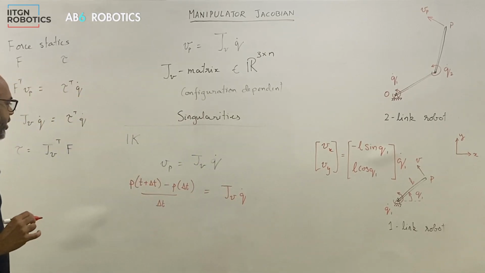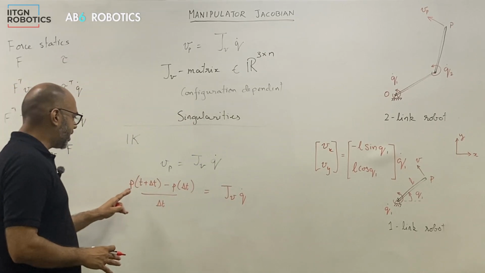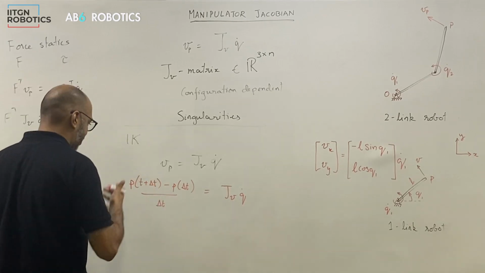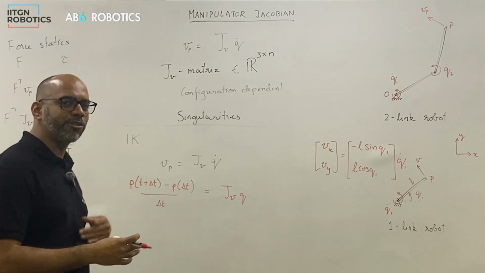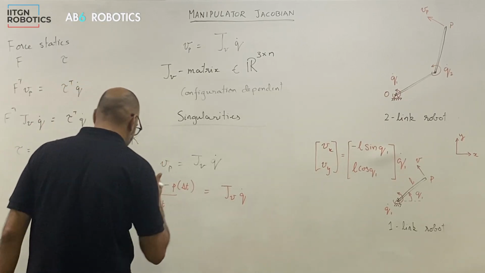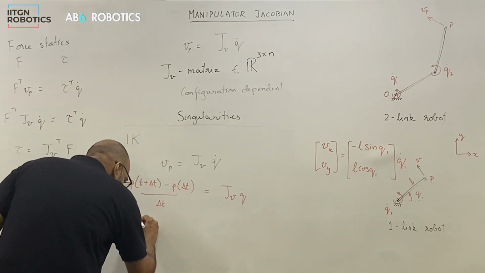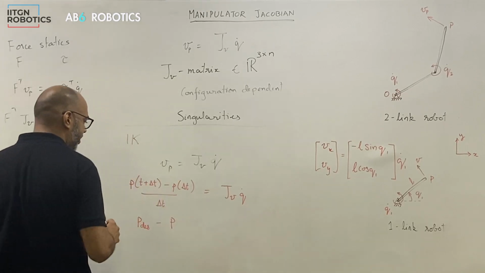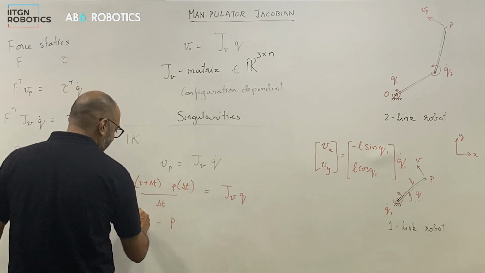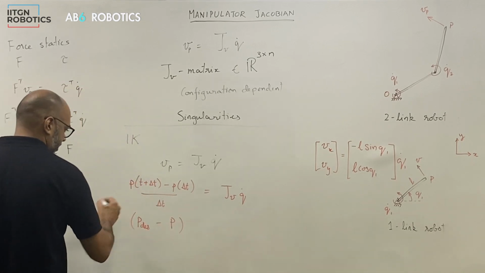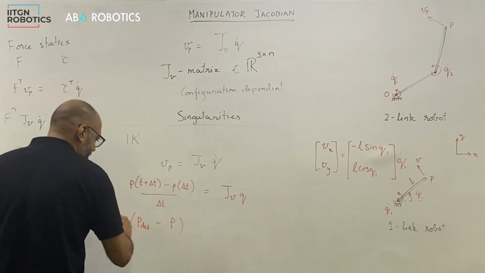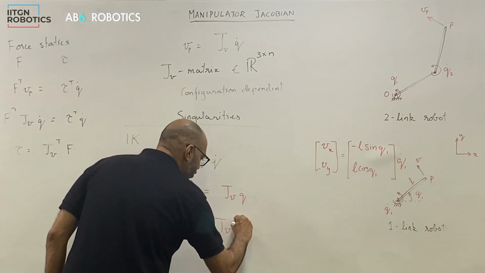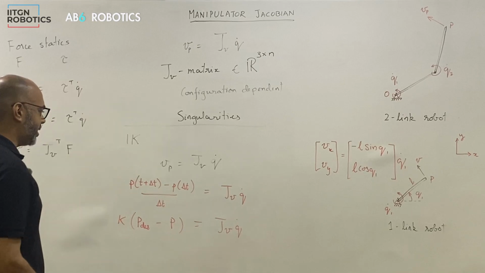Right? Now, if I do a little bit of jugglery here and I say this is my current position and my desired position where I want to reach, and let's assume that I want to reach there in one time step, although that's a big assumption. Now, if I say P desired minus current P and 1 by delta T, let me just call that some constant K for the moment, is equal to Jv times q dot, then this gives me an easy way.